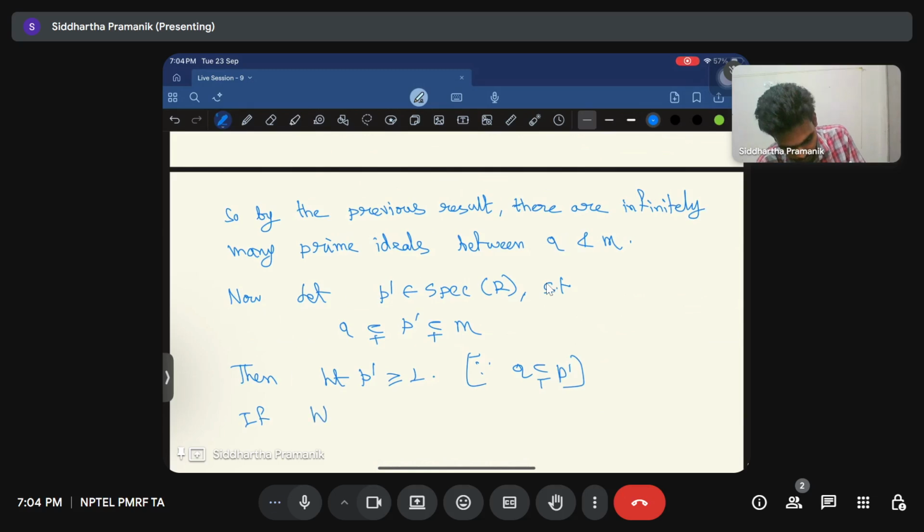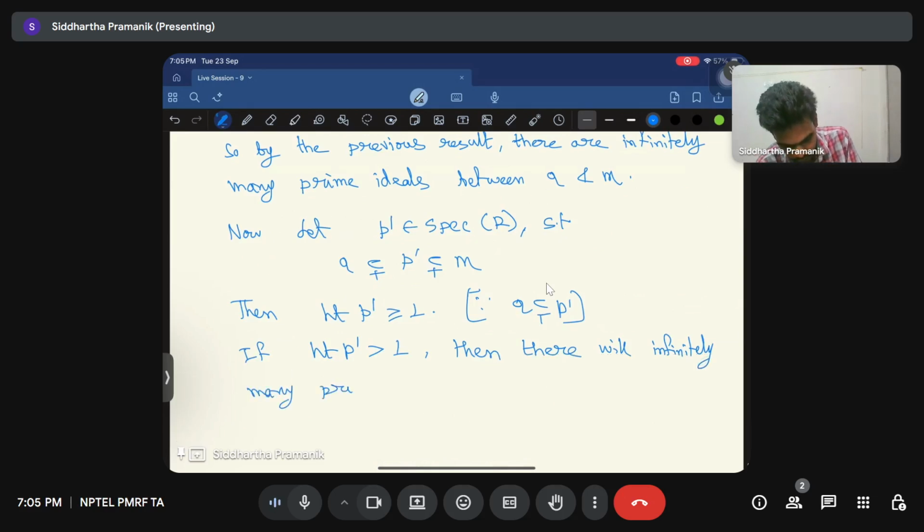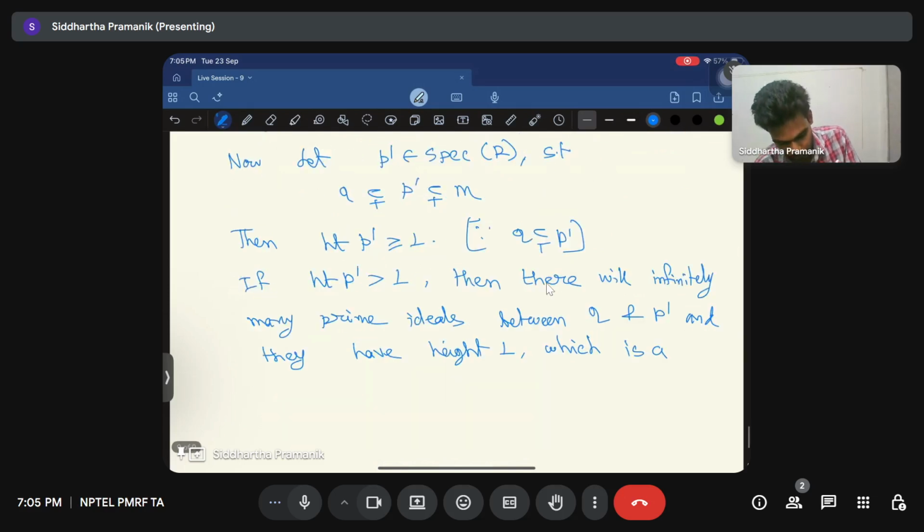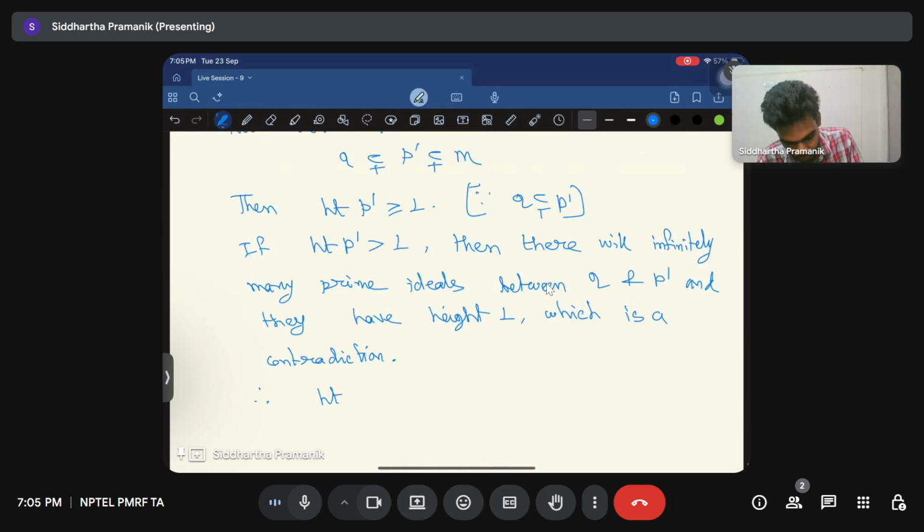But if height of P prime is greater than 1, then there will be infinitely many prime ideals between Q and P prime, and they have height 1, which is a contradiction because by the hypothesis there are only finitely many prime ideals of height 1. So height of P prime is 1.